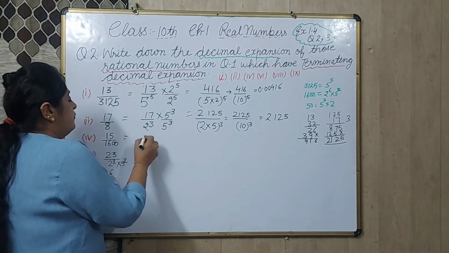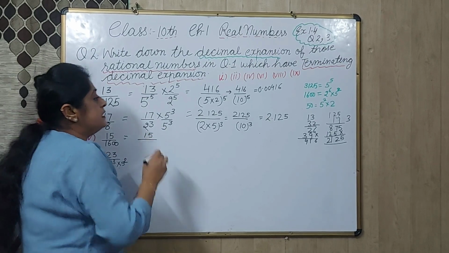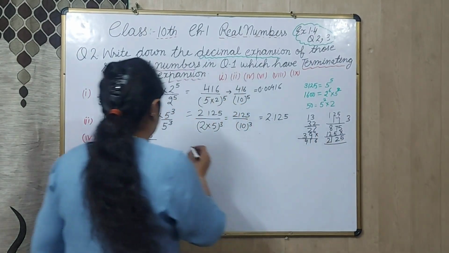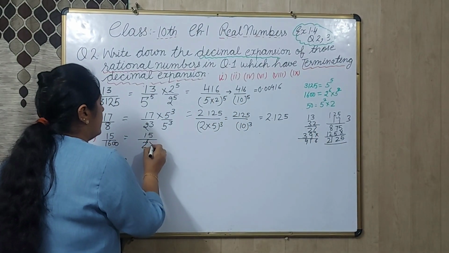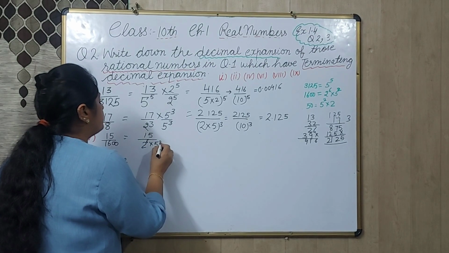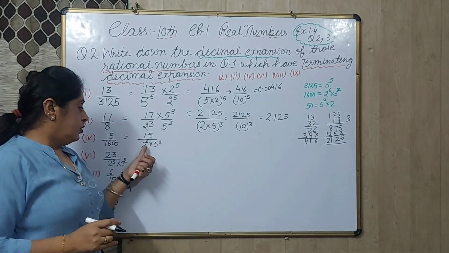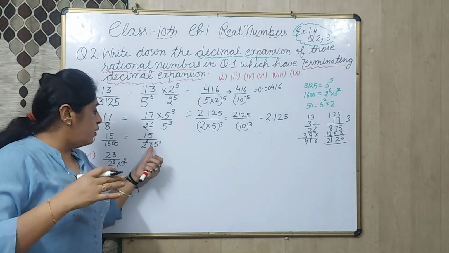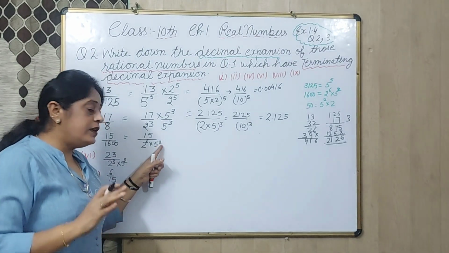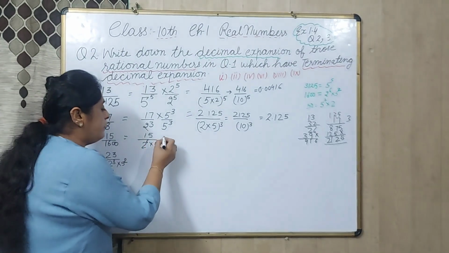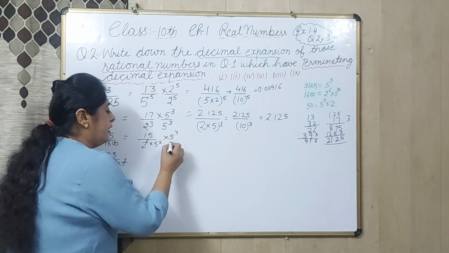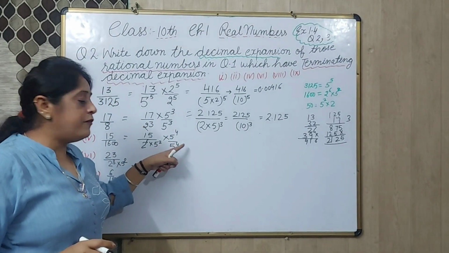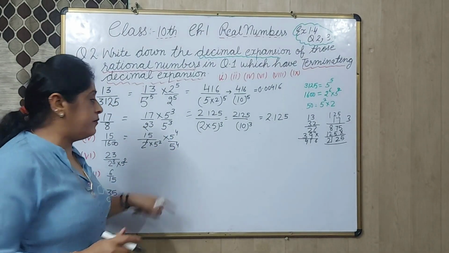Now 15 by 1600, previously we have done, so I am directly writing 2 power 6 and 5 power 2. Now you can see 2 is 6 times, but 5 is 2 times. We want the powers of 2 and 5 the same, meaning we require 5 six times, but it is 2 times. So we will multiply 5 power 4 up and 5 power 4 down, meaning numerator multiplied by 5 power 4 and denominator multiplied by 5 power 4.